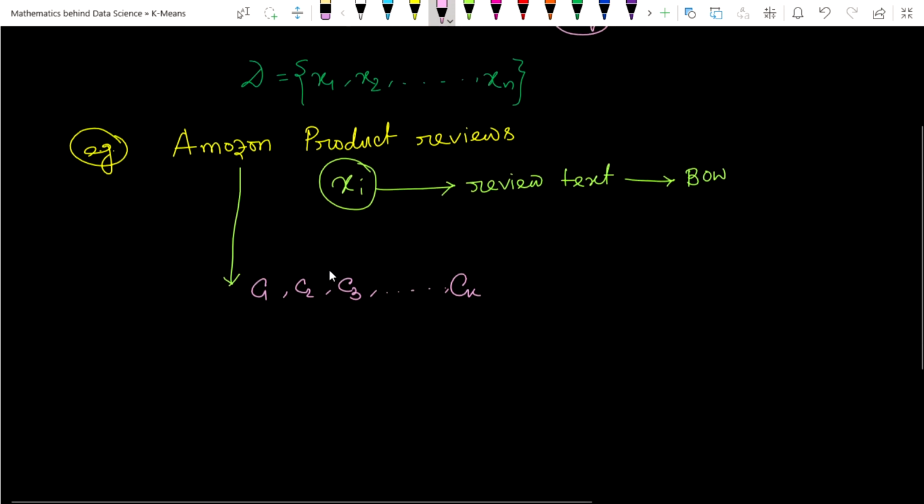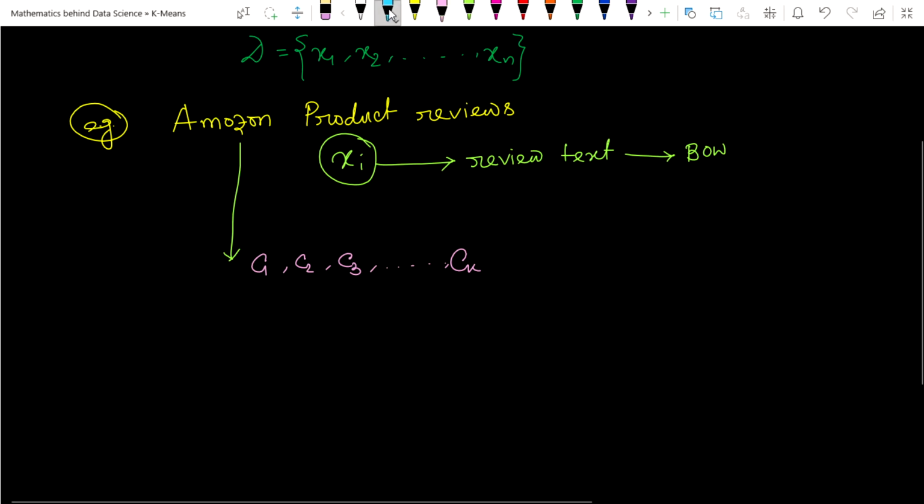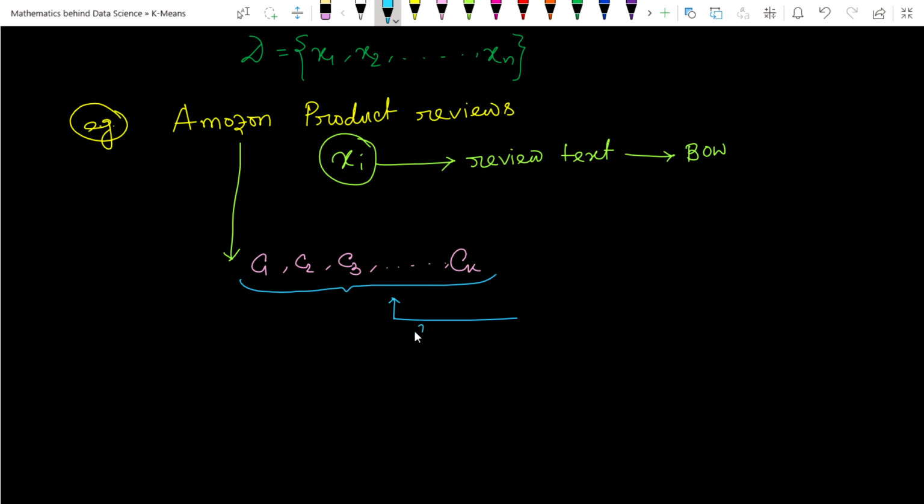If you remember this third step, in that step we computed the centroid by simply using the mean of the points of that cluster. We calculated the mean of the points.